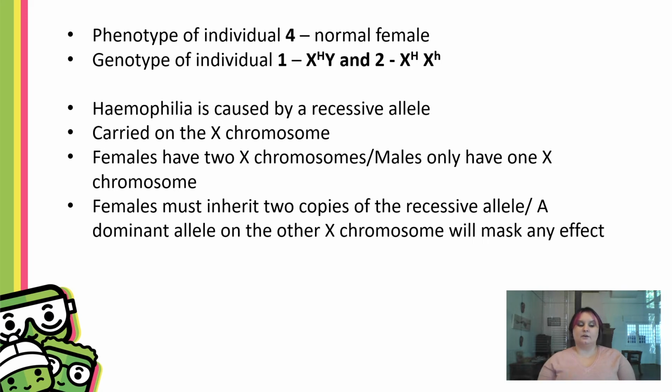So the female can only be hemophiliac herself if she has 2 copies of the recessive allele. In this way, this female is what we call a carrier. She carries the gene, but she does not suffer from the disease herself. Whereas a male only has 1 X chromosome. So if they inherit that X chromosome with that small recessive allele on it, unfortunately, they're going to have hemophilia because the Y chromosome is totally different and cannot cover up for that X chromosome.